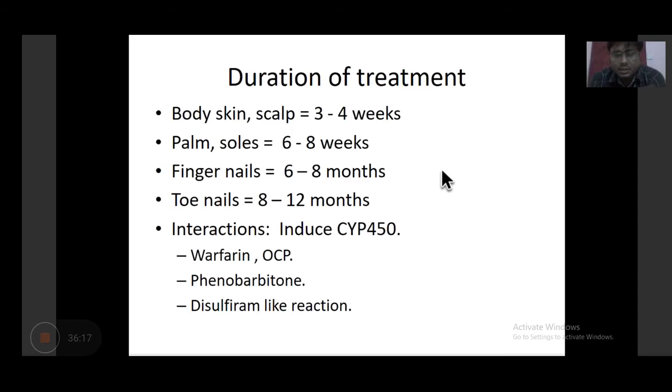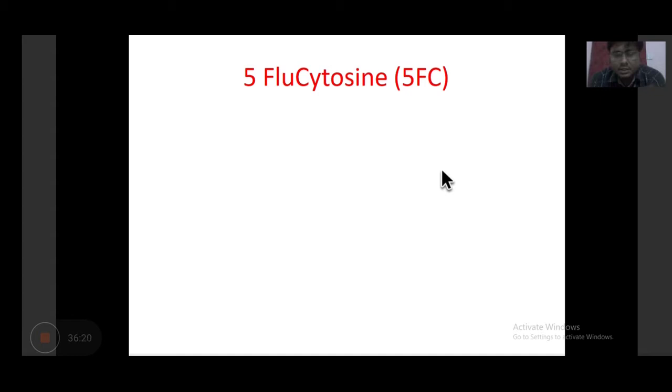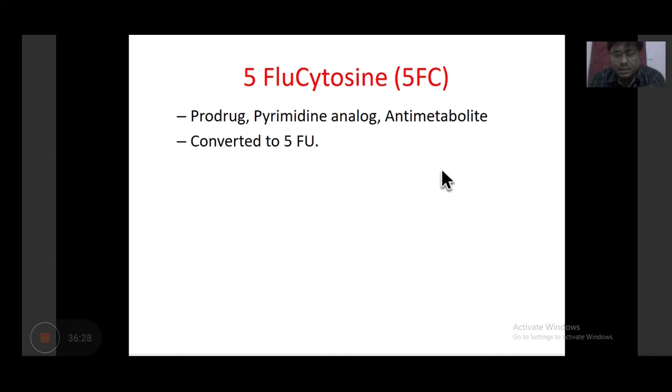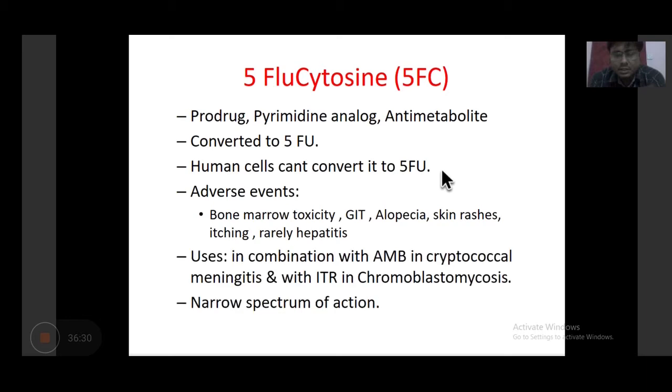Then comes flucytosine, another drug which acts at the level of the nucleus. Griseofulvin is an inhibitor of the mitotic spindle, but flucytosine is a nucleic acid synthesis inhibitor. You can see here it is a pyrimidine analog, antimetabolite class, so it gets converted to 5-fluorouracil.